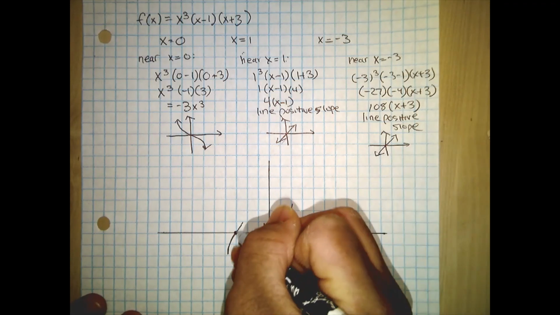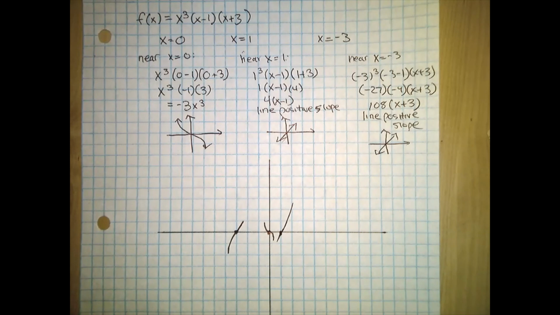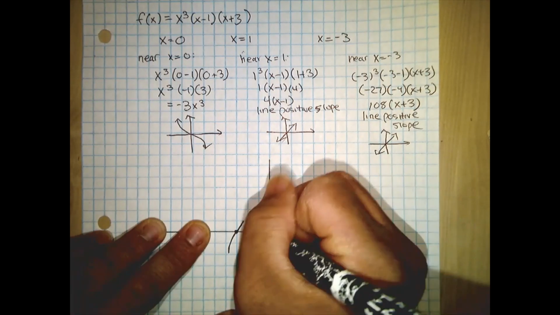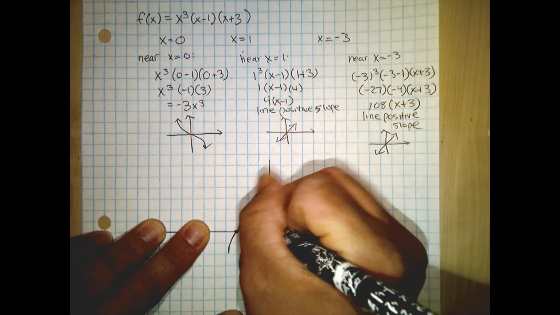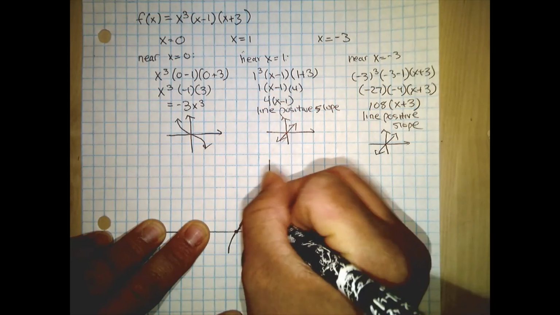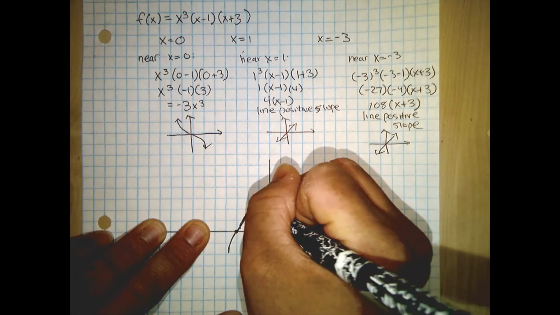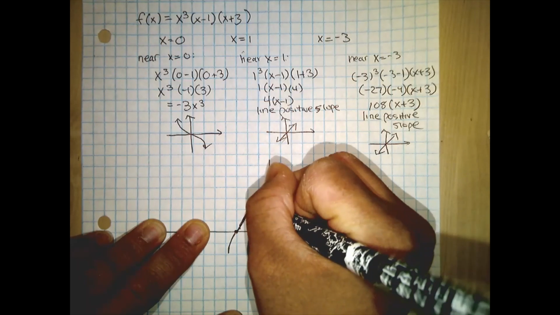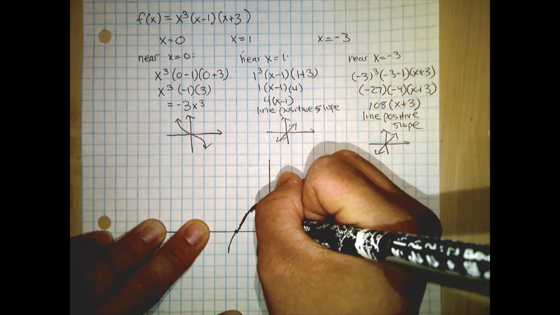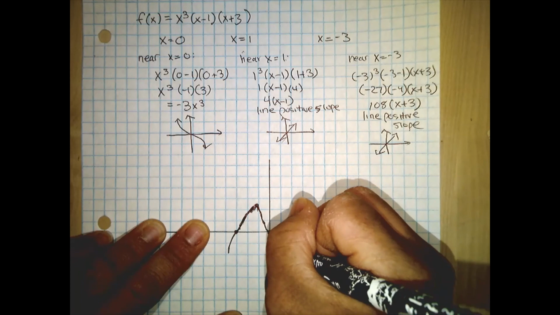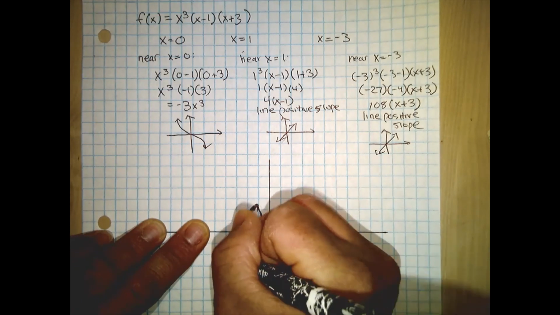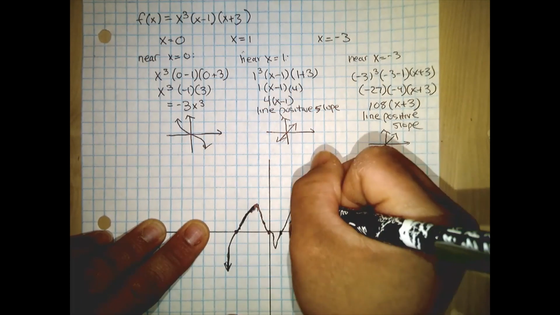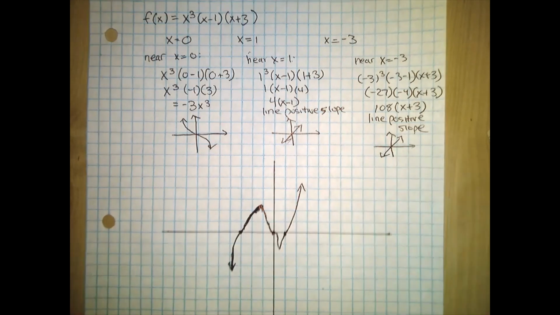So it also crossed the x-axis at x equals negative 3. Then if I connect these so that it's a smooth curve, it comes up, so it must come down at some point. And don't worry about how high, because we haven't talked about how high yet. But there we go. The graph will look something like this.